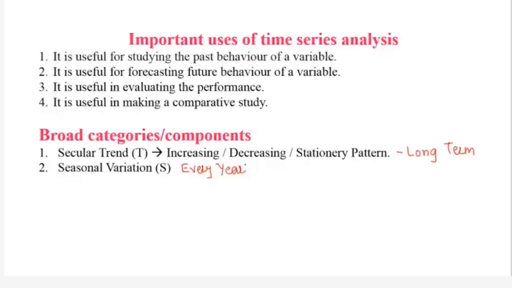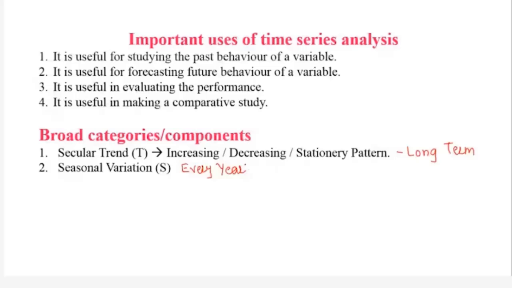Another example: sale of ice cream, etc. goes up during May, summer. Yes, mangoes, yes. Then another example is your sweaters, etc. During winter, the sale of sweaters goes up. So that is all seasonal, examples of seasonal.